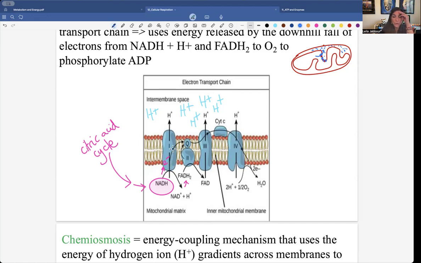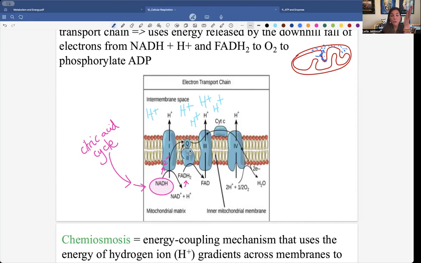Okay, so that electron is going to be transferred, right? The movement of that electron through here provides the energy for the pumping of hydrogen ions, but it's transferred to the next set of proteins, complex 2, that has a Q complex with it. So this is complex 1, complex 2, 3, and 4.